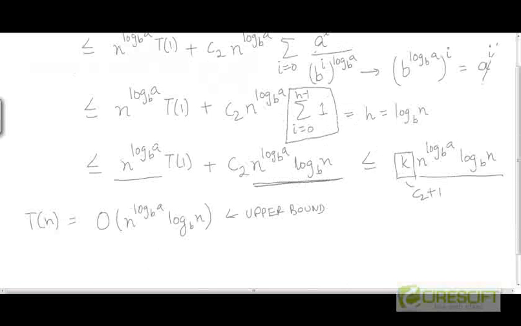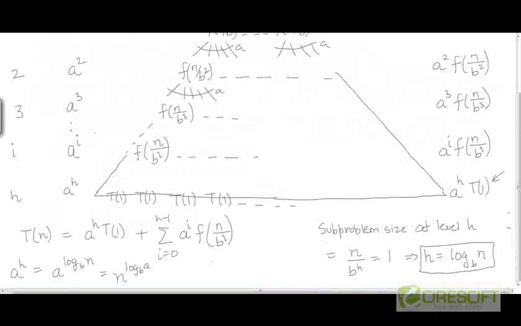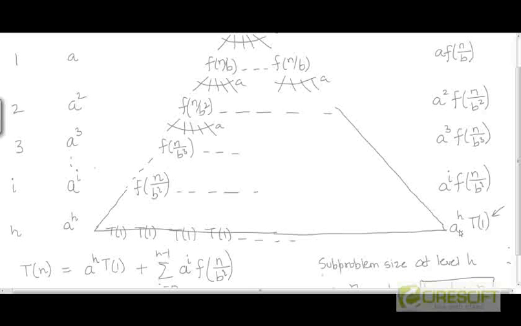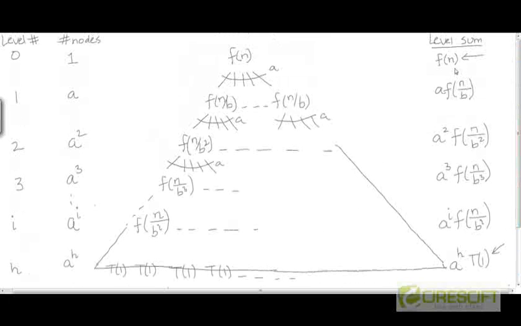And this matches our intuition because in the recursion tree, if f of n and n to the power log of a base b, which is what a to the power h is, both have the same asymptotic complexity, then each of these terms is the same as this term.